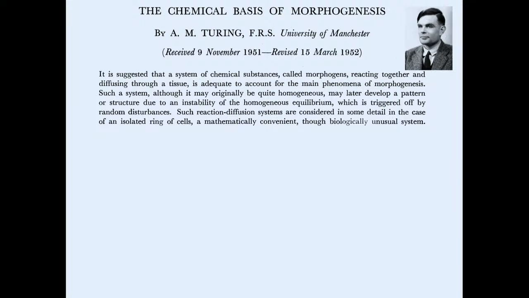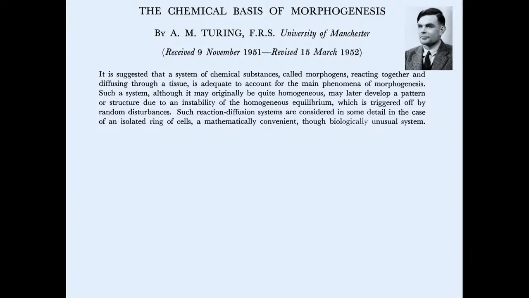But one big breakthrough came with this paper by Alan Turing in 1951. I think during this meeting this paper has been discussed quite in detail, so I will not get into the details of this paper.